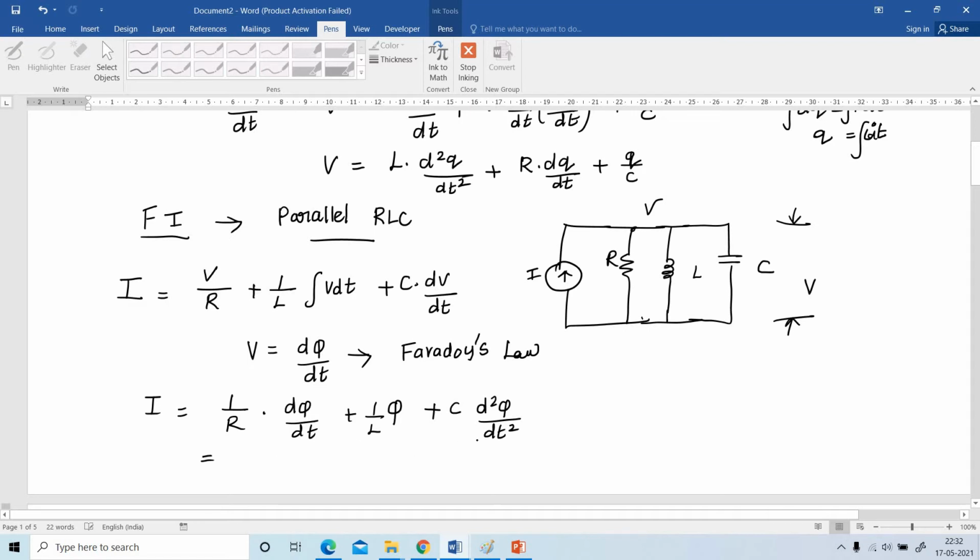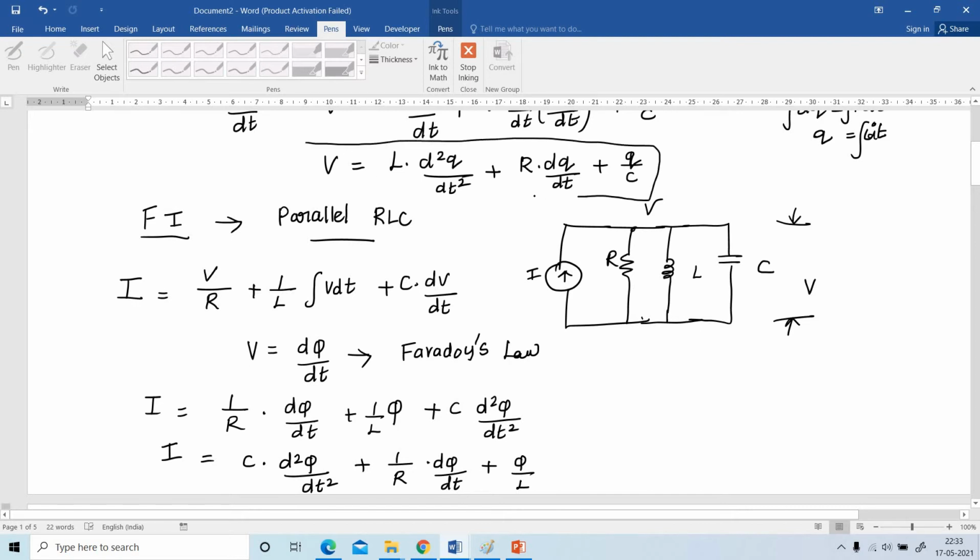So first I have to write the higher order: C into d square phi by dt square plus 1 by R into d phi by dt plus phi by L. This is the equation for current. Now we got the equation for voltage from the series RLC circuit and the equation for current from the parallel RLC circuit.